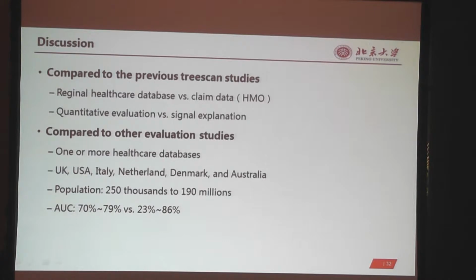And the AUC of these methods ranges from 23% to 86%. And we found the AUC of tree scan varied from 70 to 79% in our study, which is above the average.